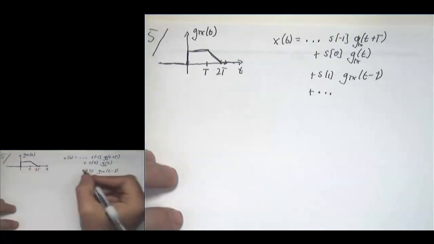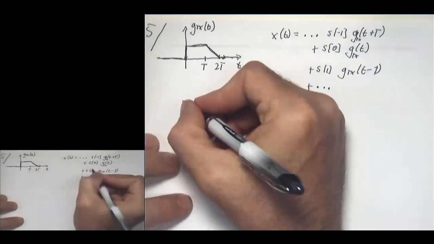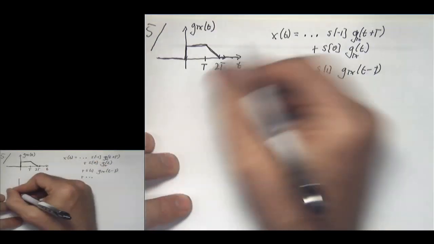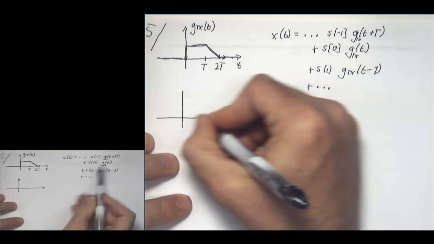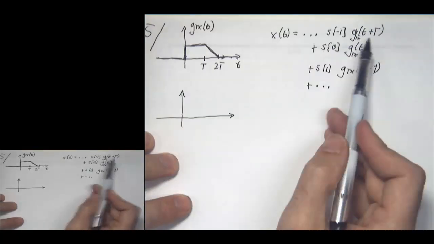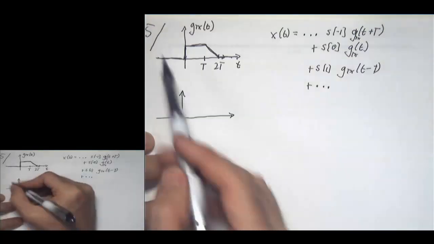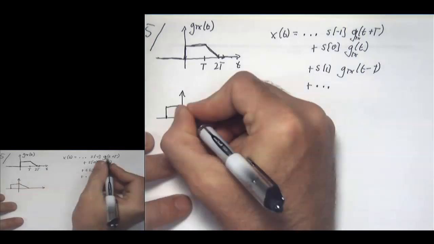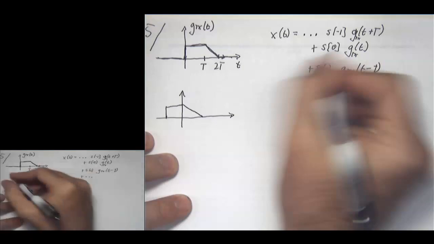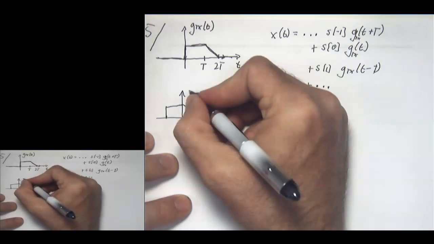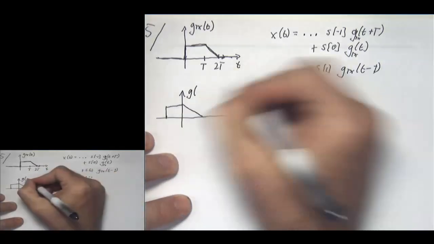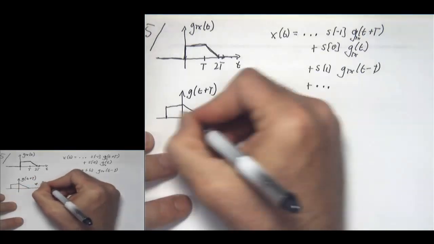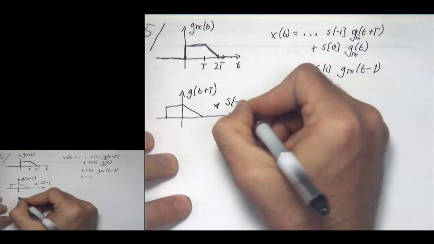And then just to illustrate how that would look, you would sum up. When you take this g of t plus capital T, you're going to shift it back. And we're going to multiply it by s of minus 1, which I haven't told you about yet. So this would be g of t plus t, multiplied by just a scalar s of minus 1.